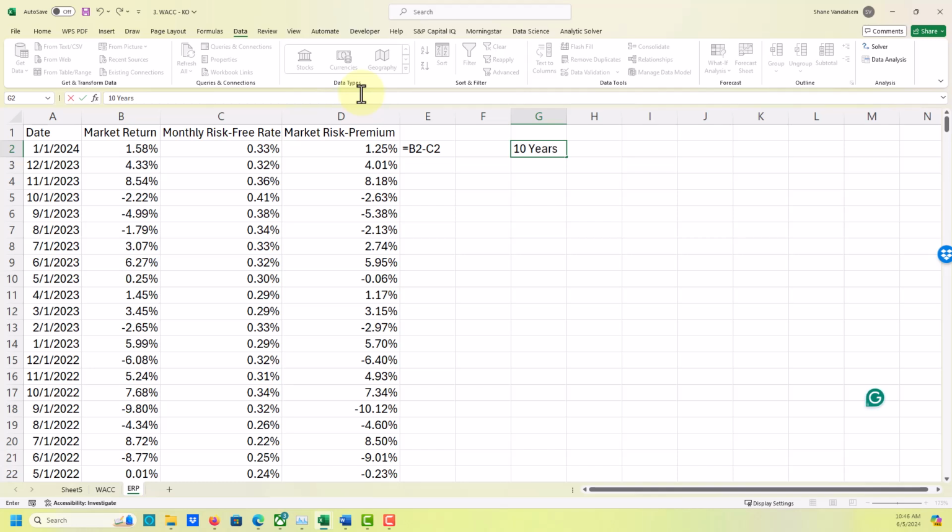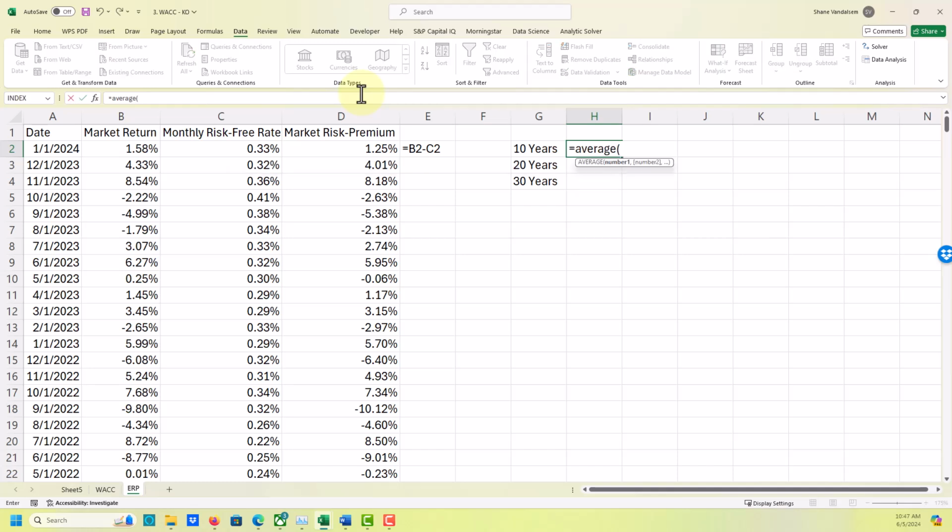And the purpose of doing this is to demonstrate to you a little bit what we think about when we calculate this market risk premium, and why we don't want to necessarily just use a certain amount of time in the past. So we're going to use 10 years, 20 years, 30 years, and I'm going to calculate the average, and then multiply it by 12 to get the annual value.